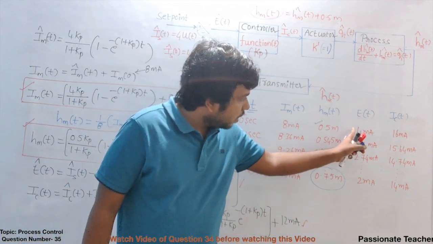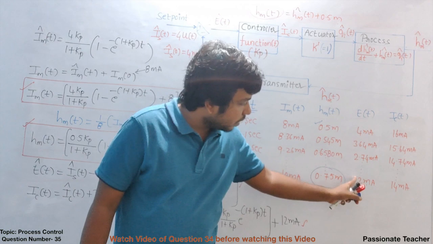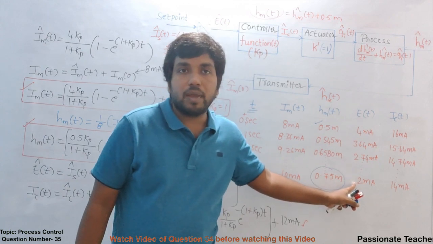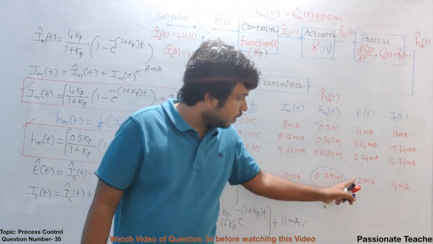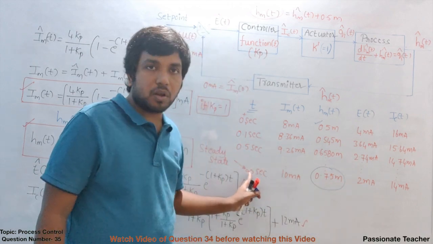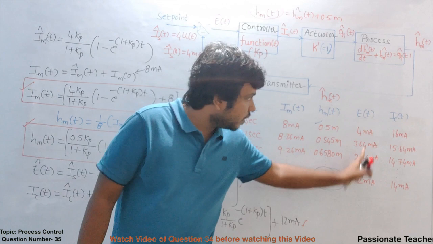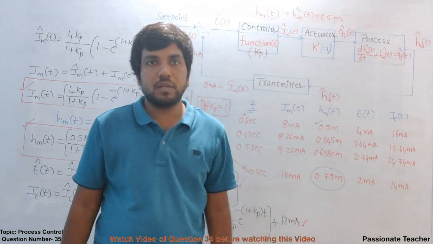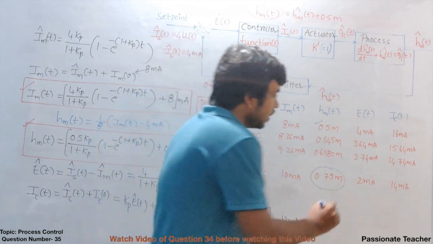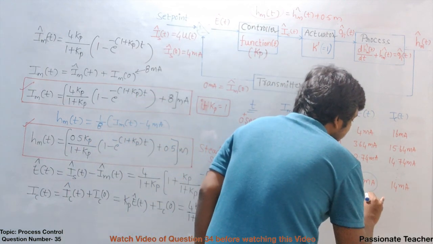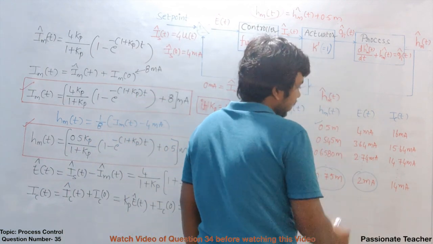And if you look at it, the error is gradually decreasing, but unfortunately we haven't reached the actual or ideal target of the control system. The reason is, even after waiting such a long time, we were not able to get the error equal to 0. Clear? We are still stuck at some point, 2 milliampere. This is called steady state error, 2 milliampere, right?